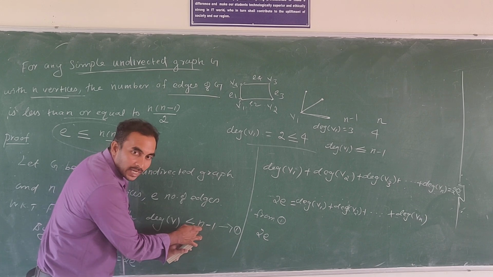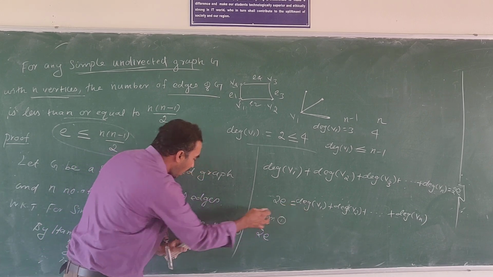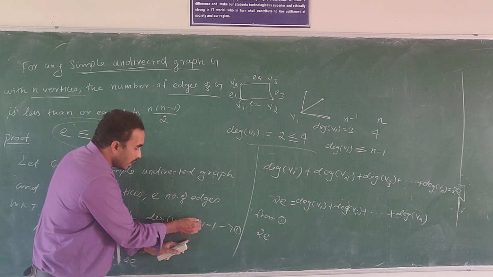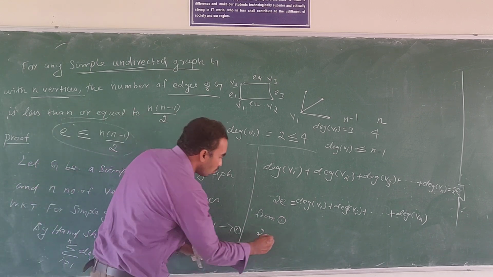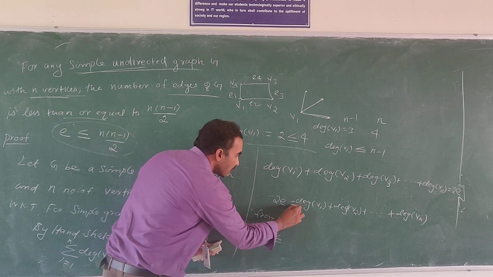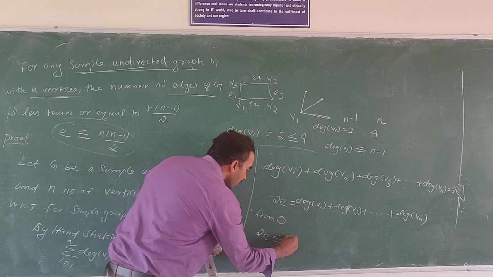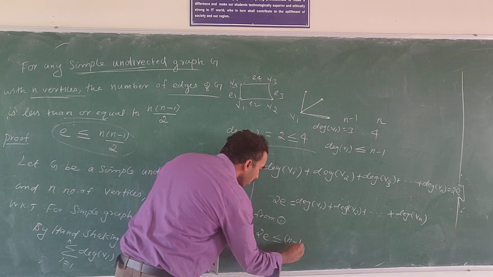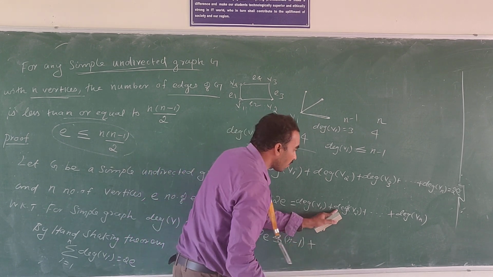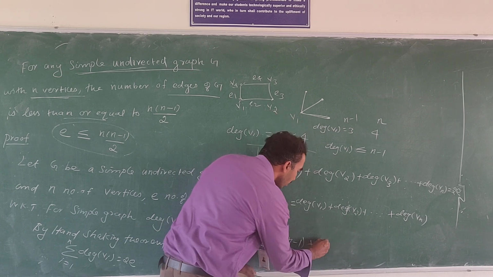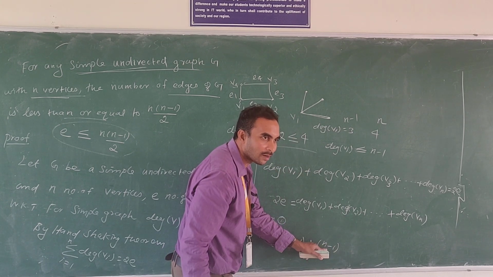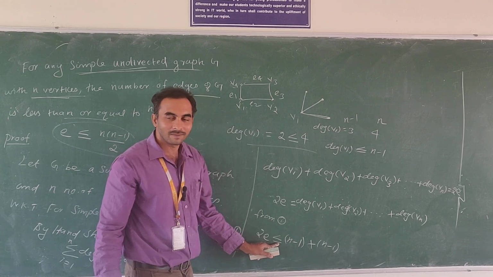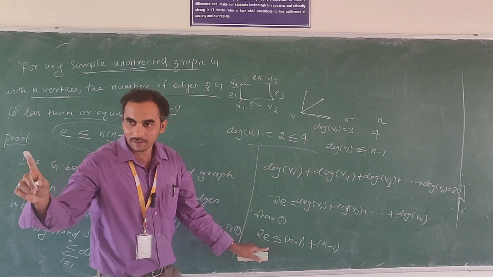If you enter this n minus 1 here, automatically it will bring this condition. So 2e is less than or equal to, instead of degree of V1, we can write n minus 1, plus, instead of degree of V2, n minus 1. Actually, it is not equal to n minus 1, but less than or equal to. Keep that in your minds.